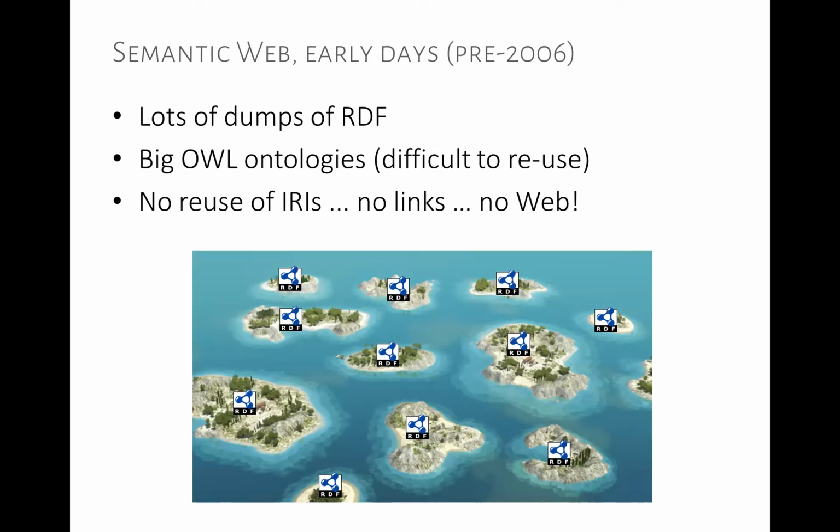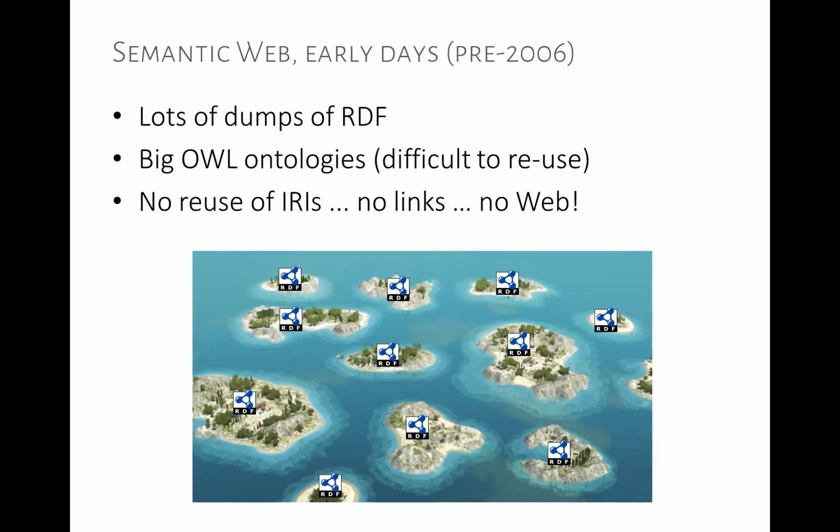Well, there wasn't JSON at that time, but they were just uploading these monolithic data sets, which were very cool and very useful, but there was no web. It was just isolated islands of data that couldn't be automatically accessed. So there were lots of dumps of RDF, and there were very large OWL ontologies, which were difficult to reuse. There was no reuse of IRIs, there were no links, there was no web. It's just another data format, and that's not really very useful.